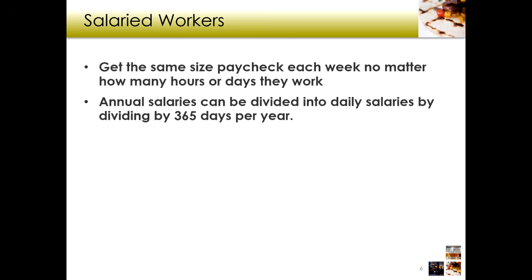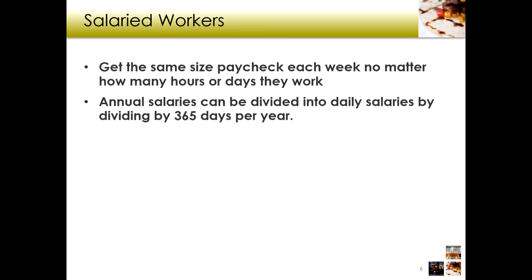Now, the question I always get is, why can't we just divide by 52? Well, that's because there aren't exactly 52 days in the year, right? If we take 365 and divide by 52, we get 7.02 days, right? So if we take 365 divided by 7 days in a week, we get 52.14 weeks, right?